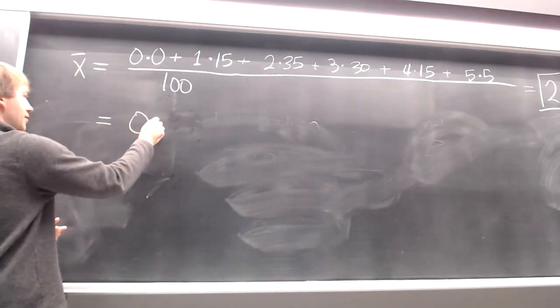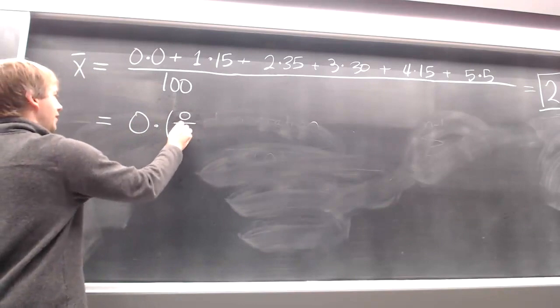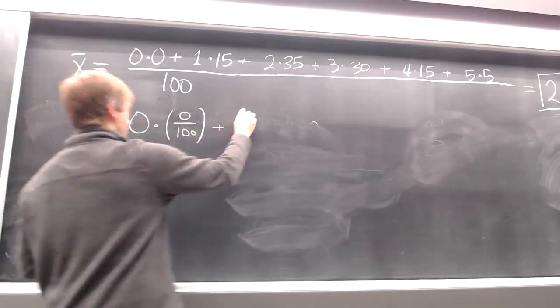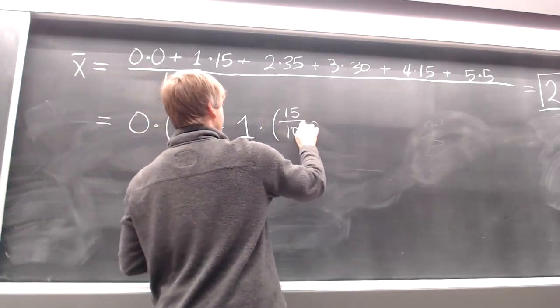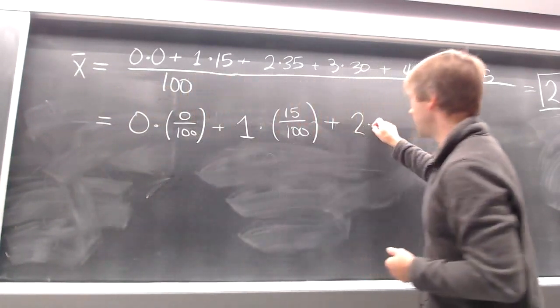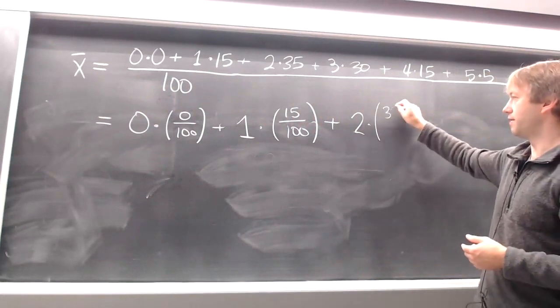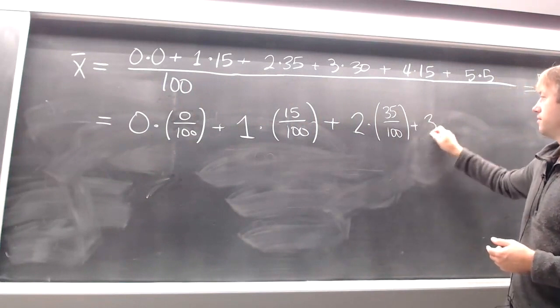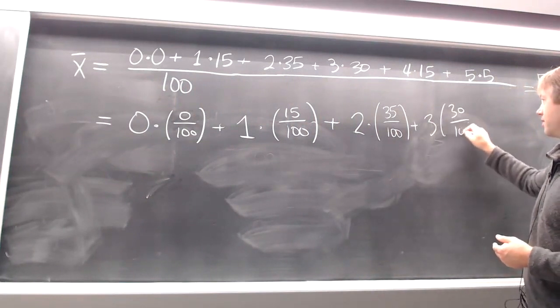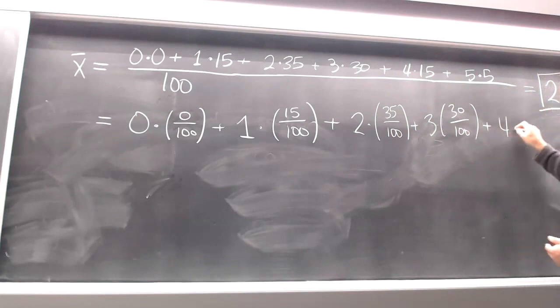I've got 0 times 0 over 100, plus 1 times 15 over 100, plus 2 times 35 over 100, plus 3 times 30 over 100, plus 4 times 15 over 100, and then 5 times 5 over 100.